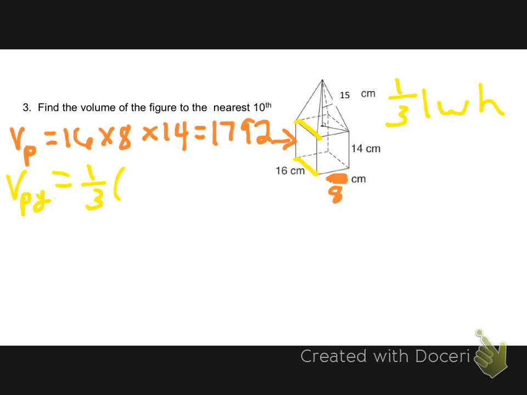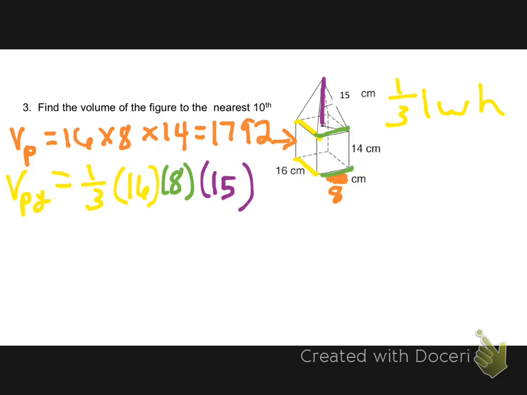So it's going to be 16. And then if you're looking right here, this one right here is going to be the same as this. So it's going to be 8. And then the height of the pyramid is right there, which is given to us as 15.